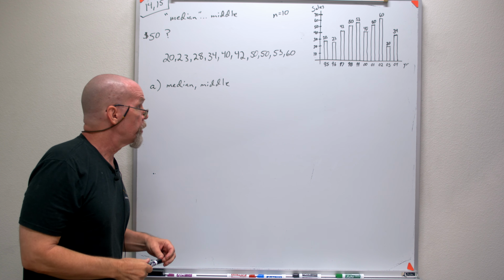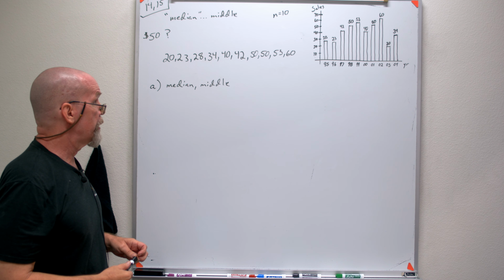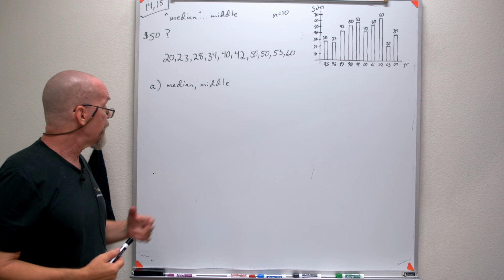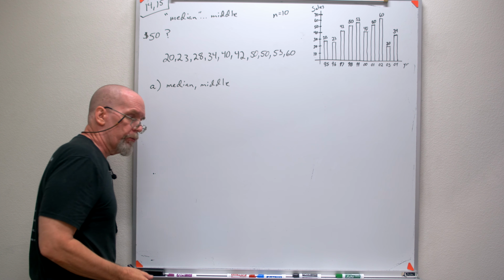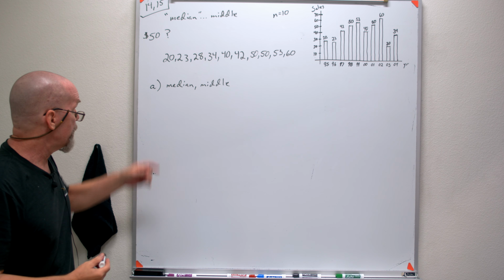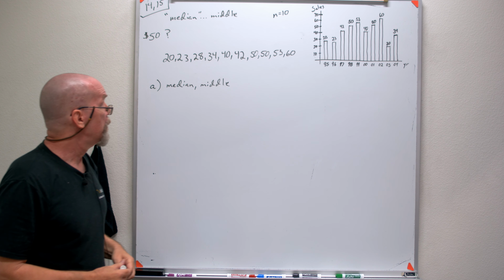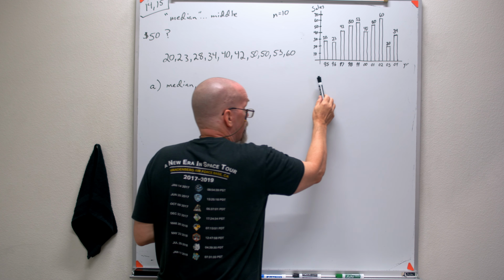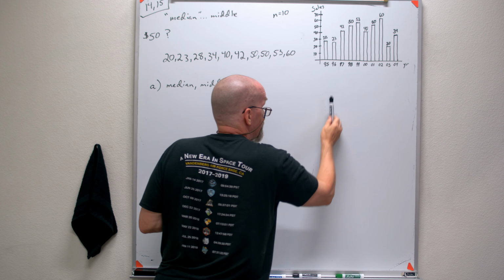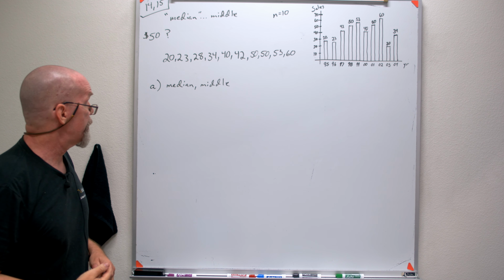So I look at the numbers 28, 23, 42, etc. I need to rank those from either smallest to largest or largest to smallest. It does not matter which way I rank them. And we got to find a middle measurement this way and that way, right? I wrote lowercase n equals 10 because we have 10 different bars on this, 10 different years that they gave us sales values for.